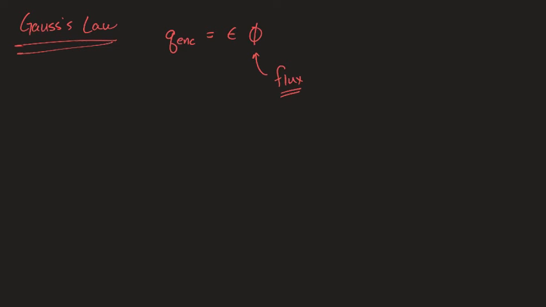And although it's come up, you need to be reminded that its units are still based on the unit of electric field and area. So newtons per coulomb times meter squared is the unit of flux.